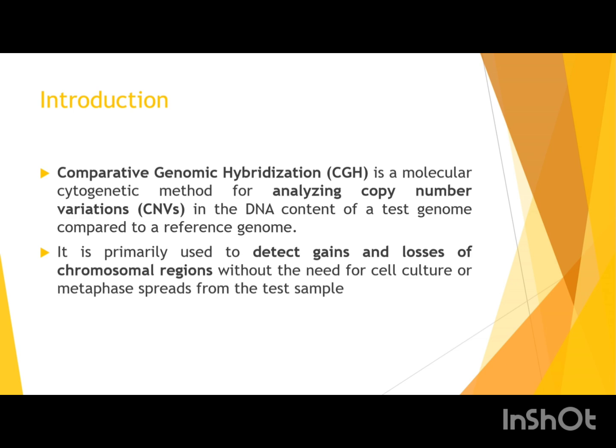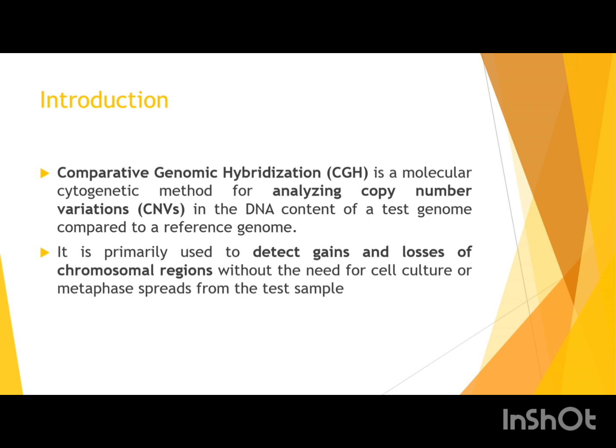So comparative genome hybridization is a molecular technique which helps in analyzing copy numbers. Suppose there are fragments of a gene which has been copied 5 times. If that is hybridized, then it will give a high intensity.